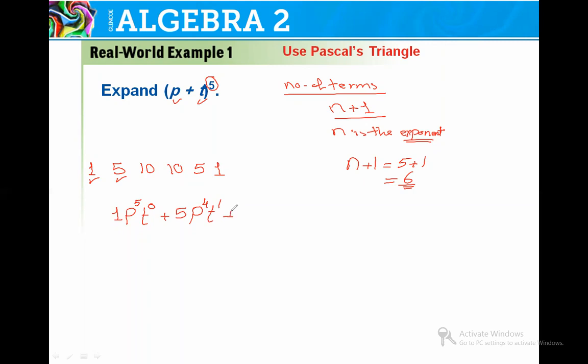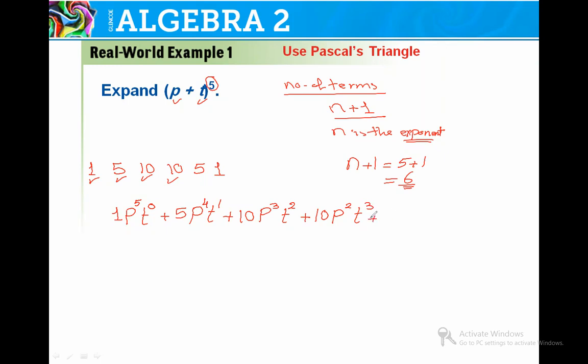In the same way, the next coefficient is 10, so I write 10, and then b to the power 3 and t to the power 2. Then plus another 10, so I write 10 and b to the power 2 and t to the power 3.